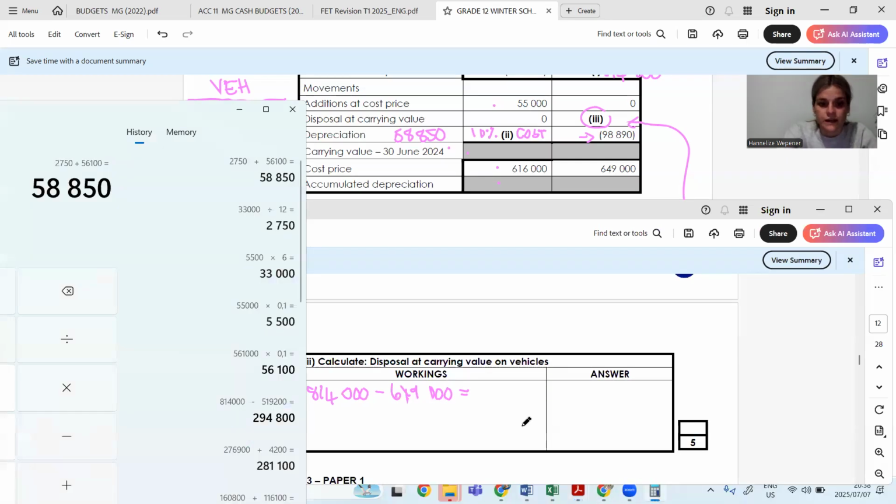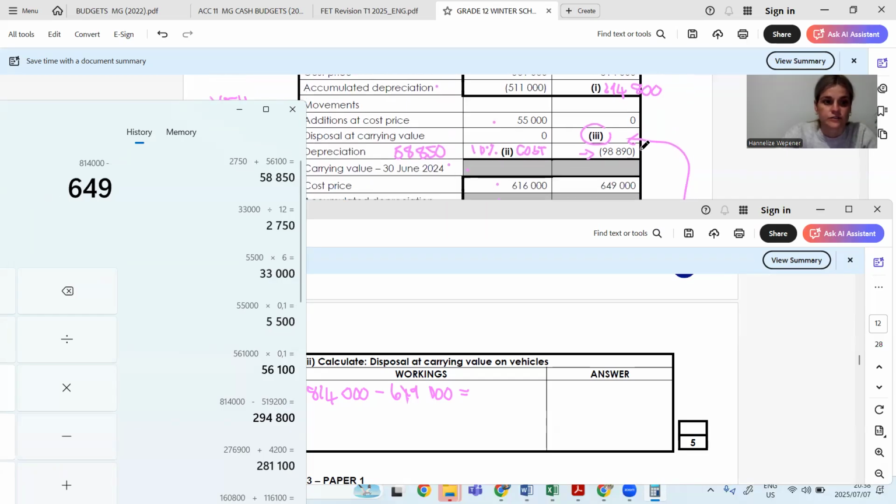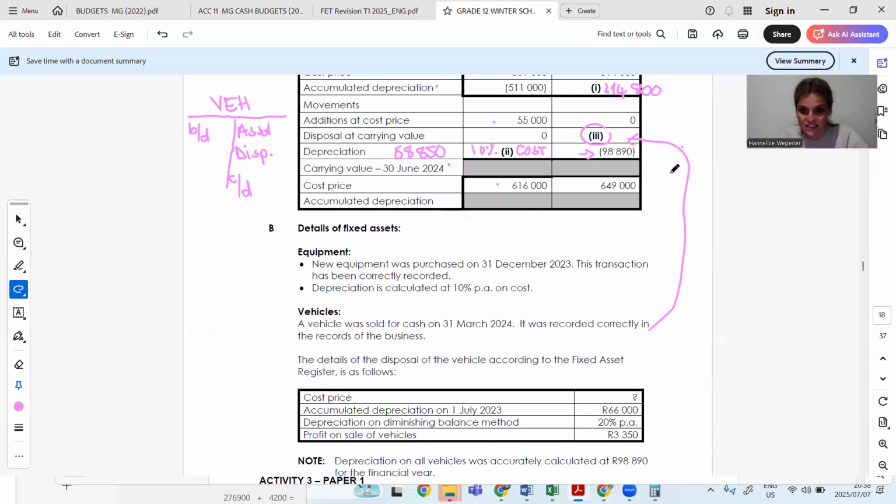So it's my 814 minus my 649. And that is 165,000. So 165. Okay, right, so that is my cost.